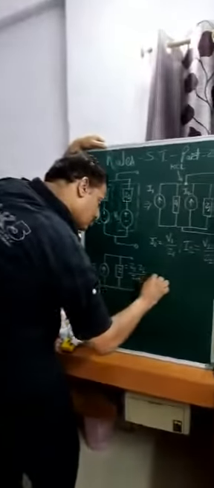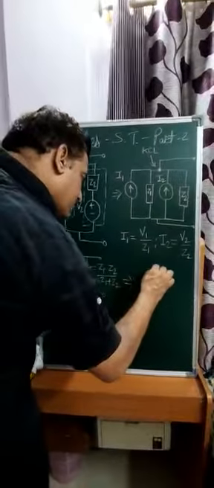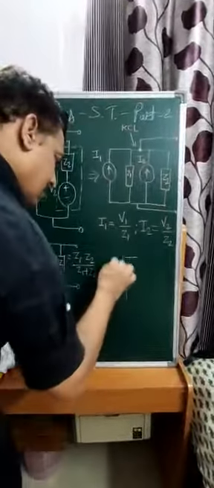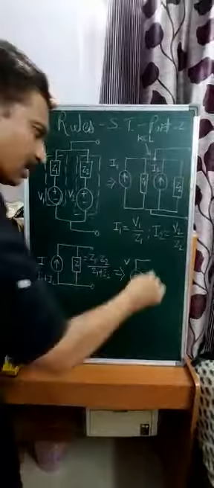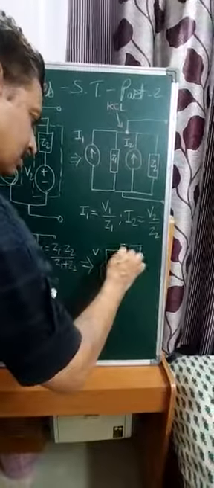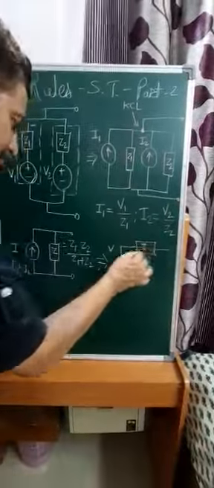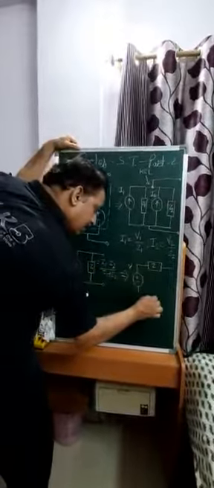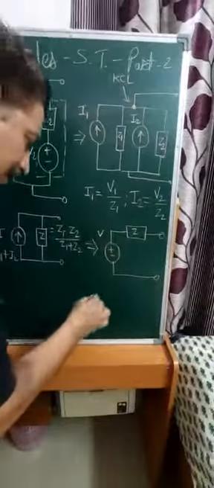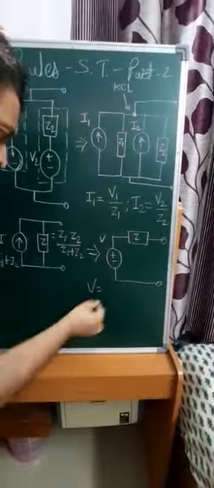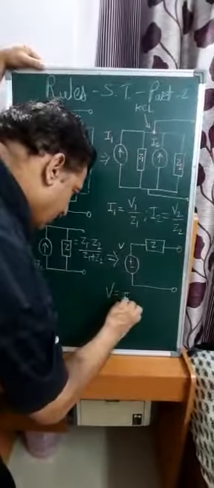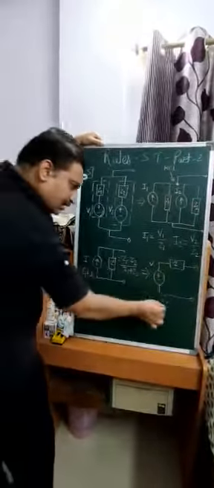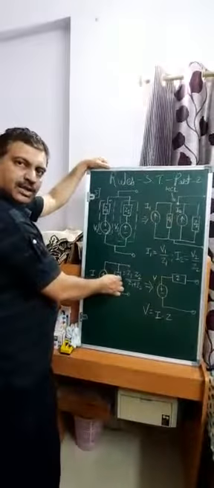Now convert this current source into its equivalent voltage source. So what do we get? We get a voltage source, representing positive and negative, having representation V, with its internal impedance connected in series, which is the same as the impedance of the current source. So the same values can be represented here, and the value of this V can be calculated again by using Ohm's law from this current source as V is equal to I into Z, where I is the value of this current source and Z is the value of this parallel internal impedance.